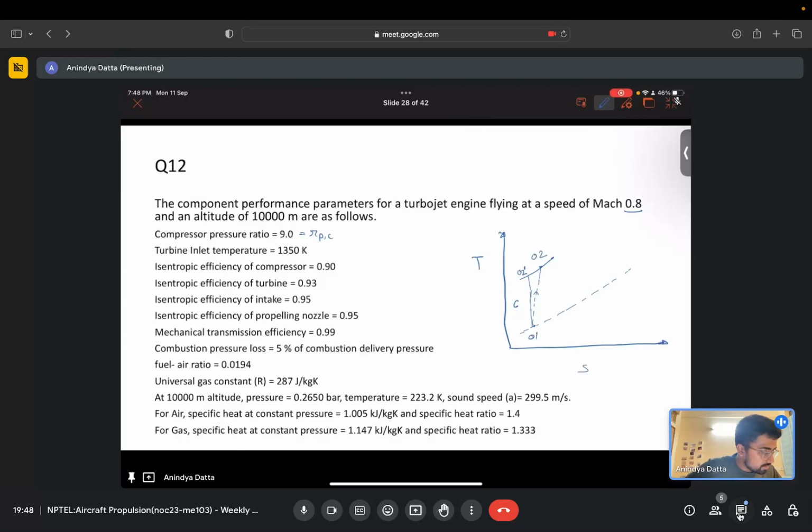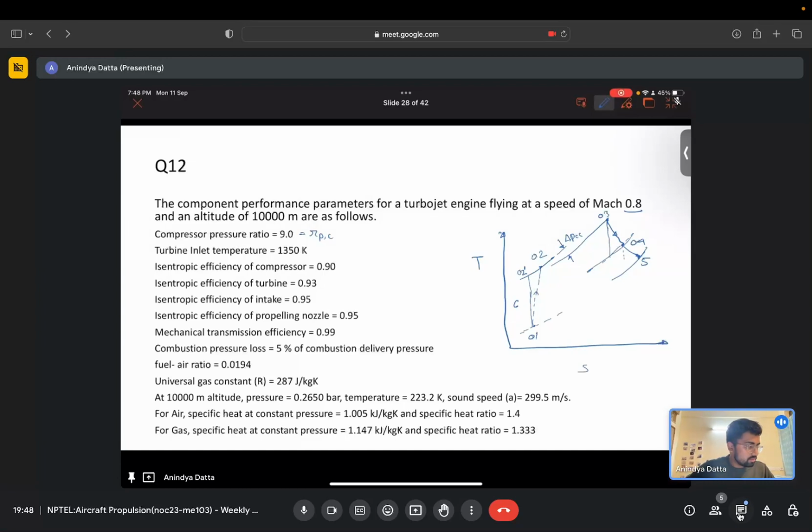Then we have the combustion chamber. Generally there is a pressure loss in the combustion chamber, so this is delta PCC. This is our state point 03. From here we have expansion through the turbine first, to 04, and after that we have the nozzle.